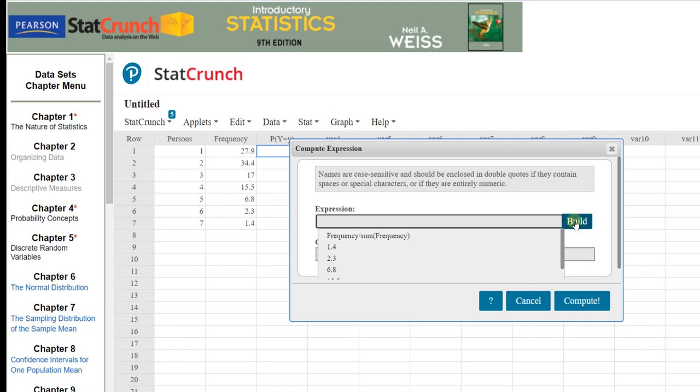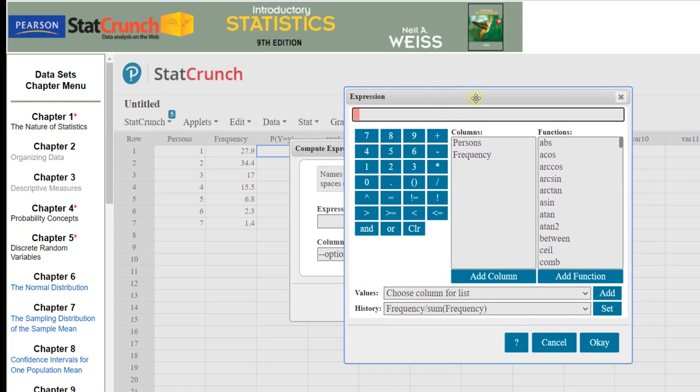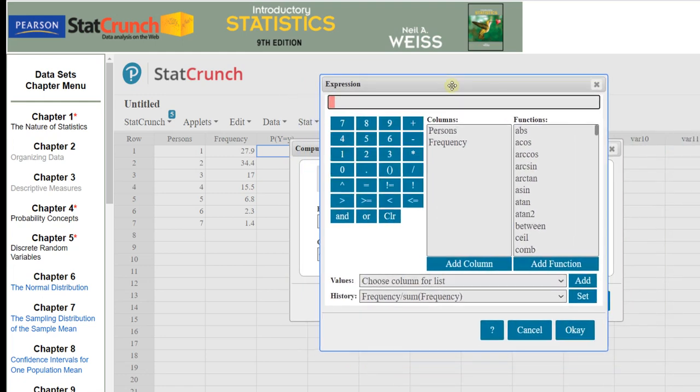And I want to build this expression. Click on Build. Now, in this build expression, how am I going to do this? I would like to divide. Remember, relative frequencies are when you divide individual frequencies by the total. So I'm going to use variable frequency, double click on that, and then / means we want to divide it.